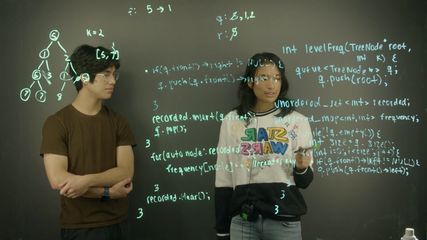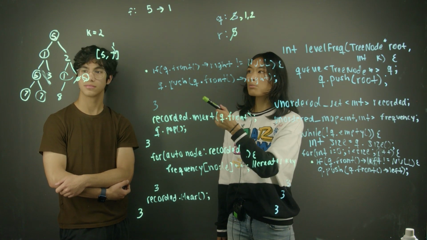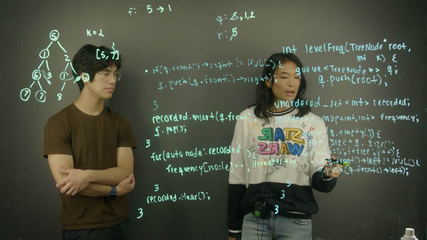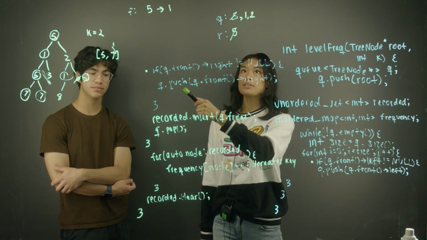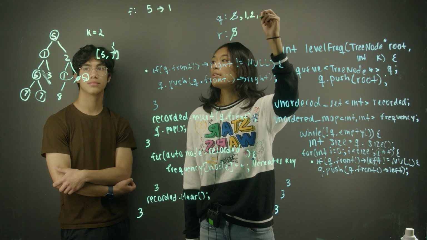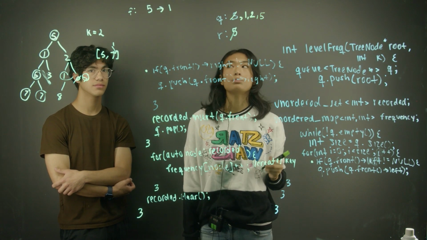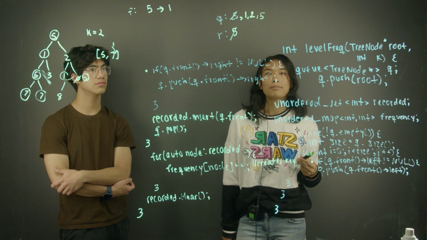So this will continue going over and over again. So if I have 1 and 2, I'm going to check 1's left child first, and that exists. So I'm going to have 5 in there, which is a duplicate. So that's good, unless it's in the same level.